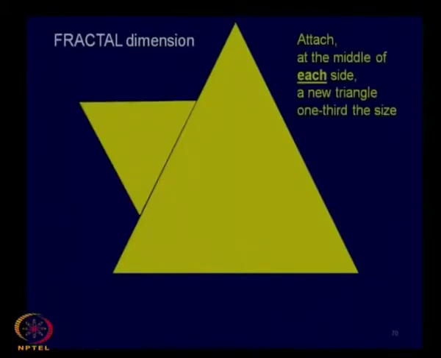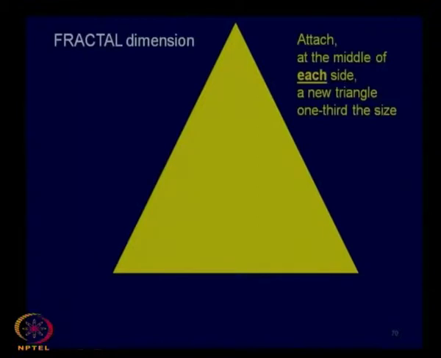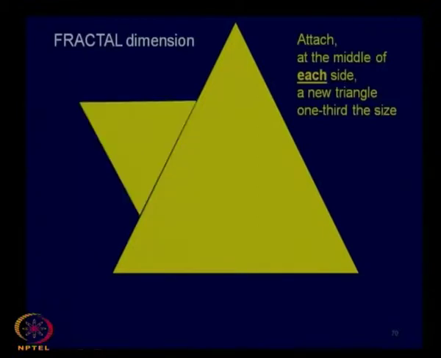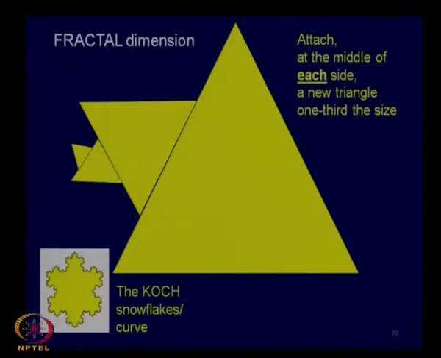So, this was our equilateral triangle, and we take the middle part of each side and construct an equilateral triangle on that, and then on each side of the smaller triangle you do the same, and you iterate, you do the same thing over and over again, and what comes out of this is what is called the Koch curve.